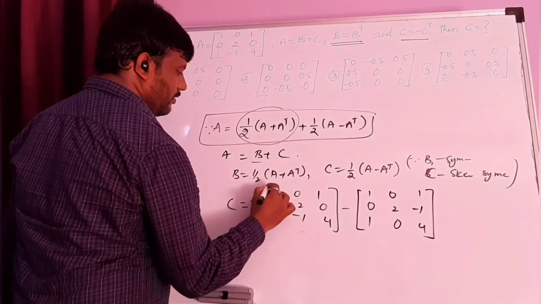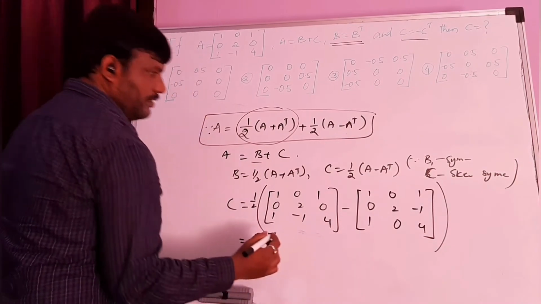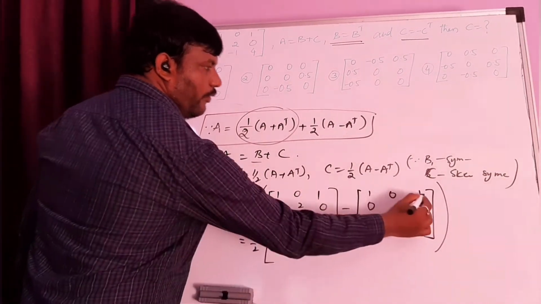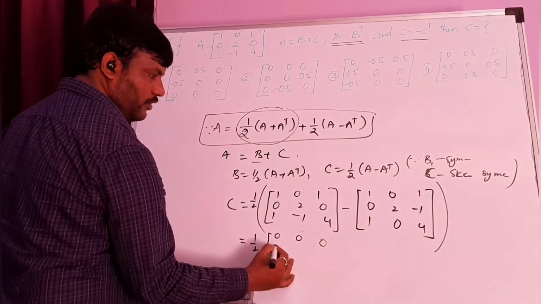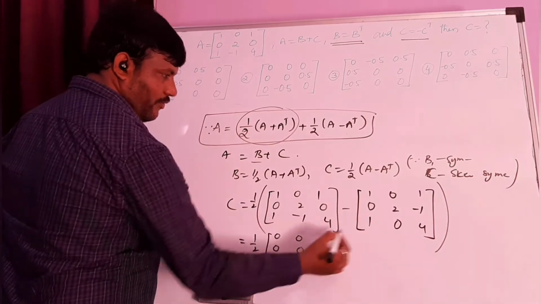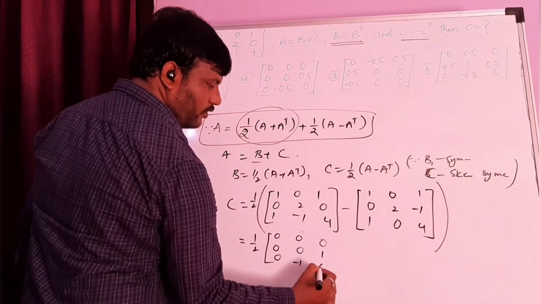Now simplify this. Subtract: 1 minus 1 is how much? 0. 0 minus 0, 0. 1 minus 1, 0. 0 minus 0, 0. 2 minus 2 is 0. 0 minus of minus 1, plus 1. 1 minus 1, 0. Minus 1 minus 0, minus 1. 4 minus 4, 0 you get.